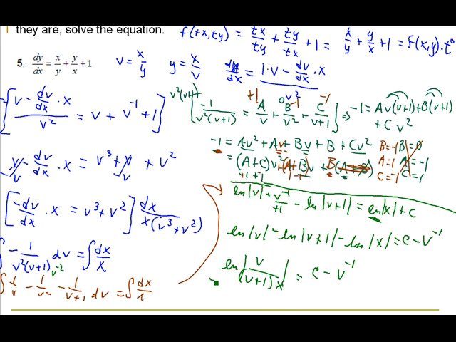If I raise both sides to the power of e, on the left side, e and the natural log cancel, and they leave me with v over v plus 1 times x equals e to the c minus v to the -1st power.